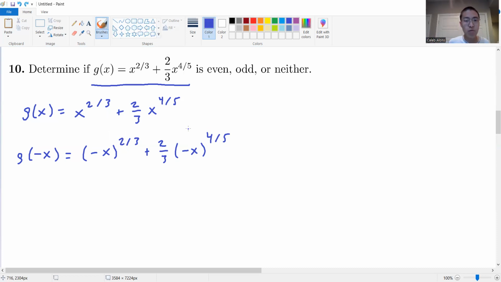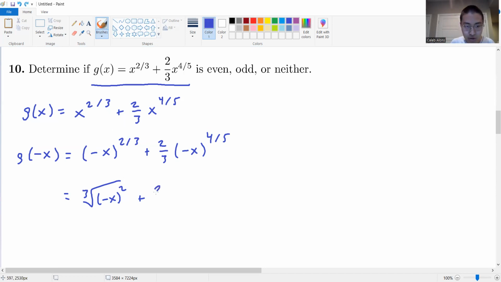So if we rewrite it for visual simplicity's sake, we're taking the cube root of minus x squared. The cube root comes from that 3, so it's a fraction, that's the root. And the 2 is the numerator, which is why it's the exponent.